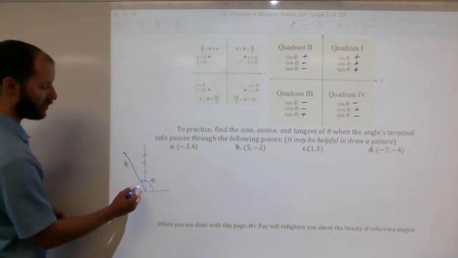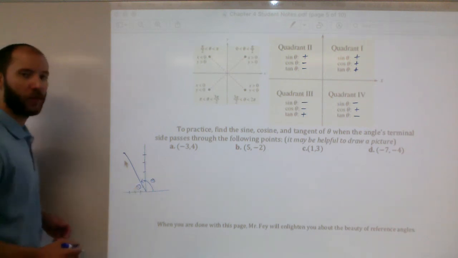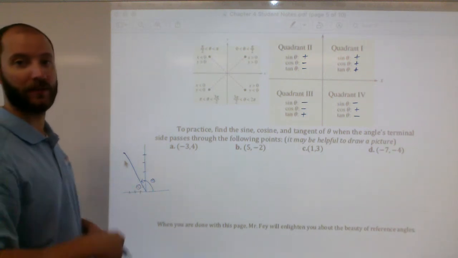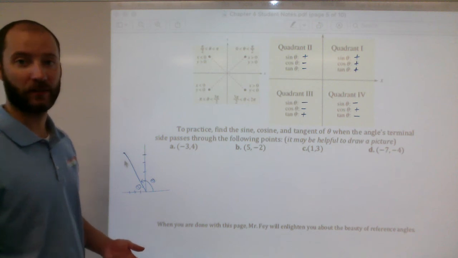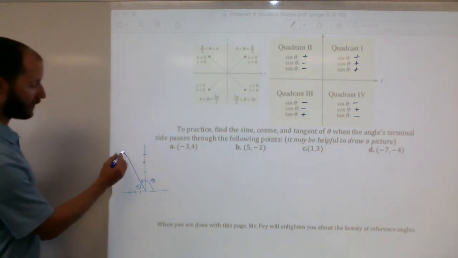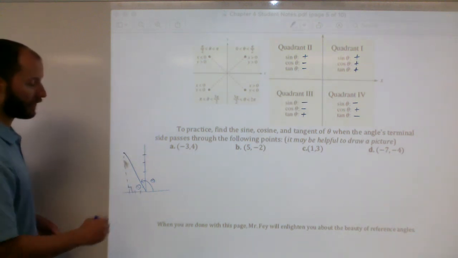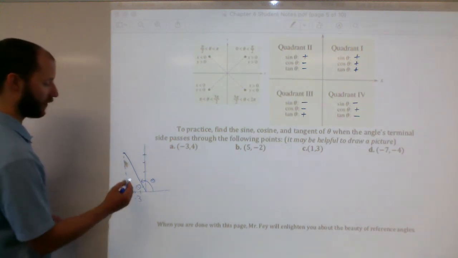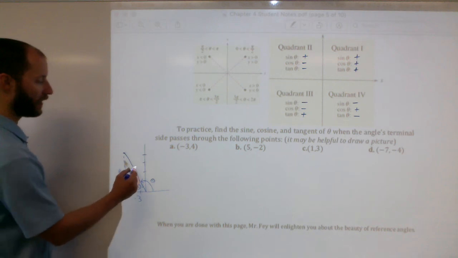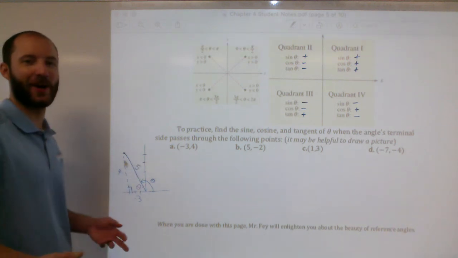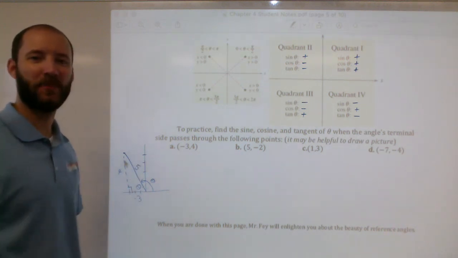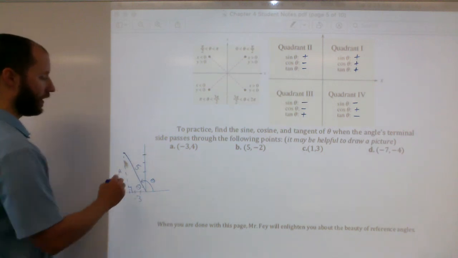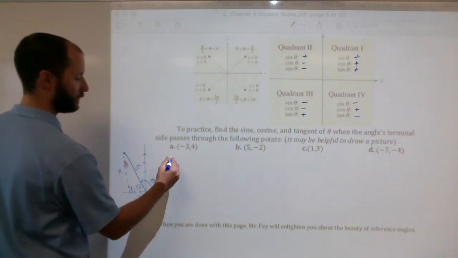But we're going to use theta prime, theta with a little dash, reference angle, because that reference angle will then set up our reference right triangle. We have our x value of -3, our y value of +4, and Pythagorean triple. It's almost like I wrote this to be a Pythagorean triple. Radius is going to be 5.